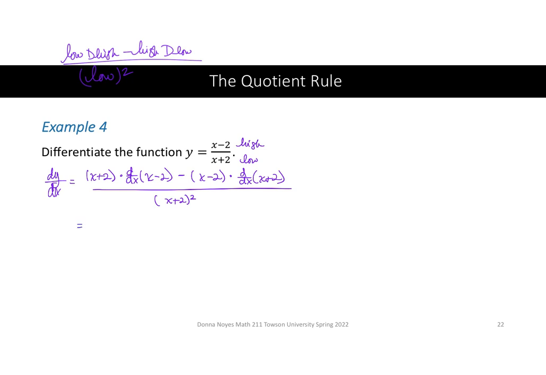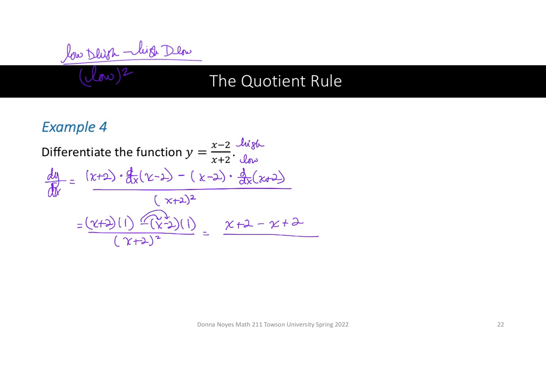So if we continue, we've got x plus 2 times the derivative of x minus 2, which is just 1, minus x minus 2 times the derivative of x plus 2, which is also just 1, all over x plus 2 quantity squared. So really all we have to do is simplify the numerator into x plus 2 minus x plus 2, right, by distributing this negative.